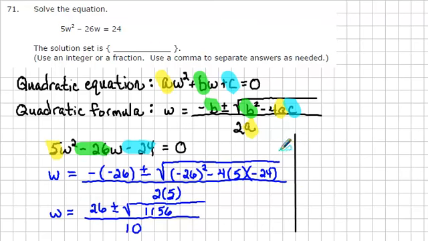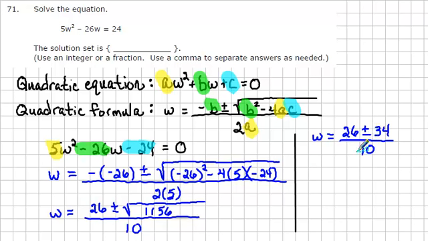So we'll continue over on the right. W is equal to 26 plus or minus, evaluate the square root of 1156, that's 34, all over 10.